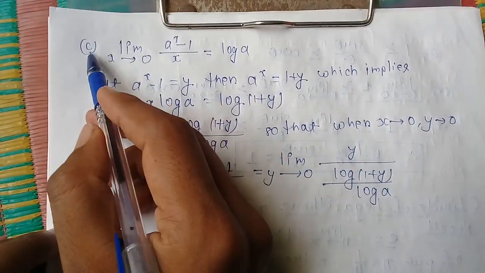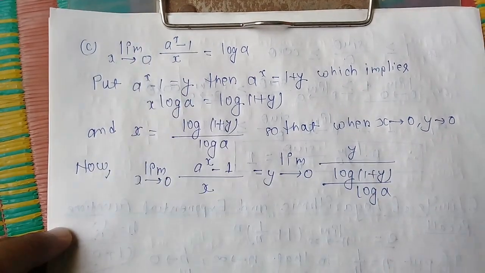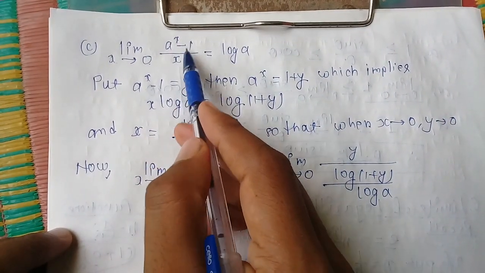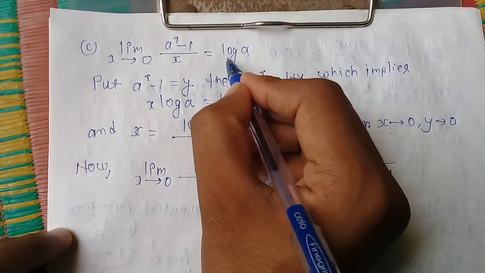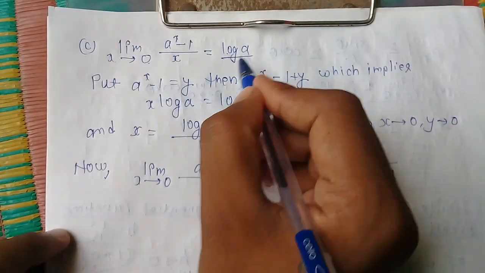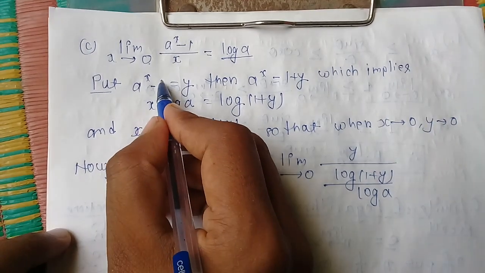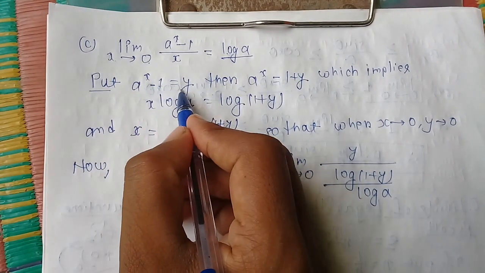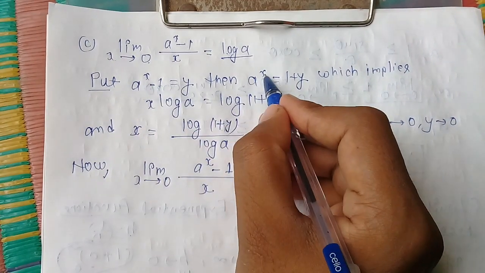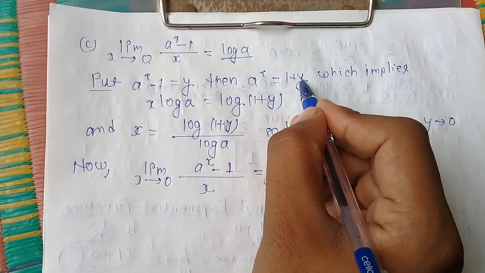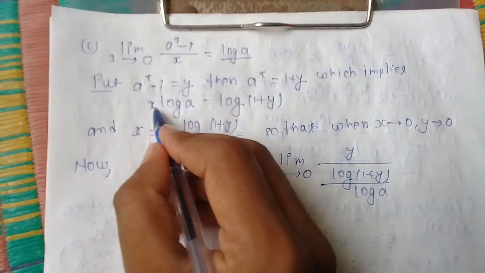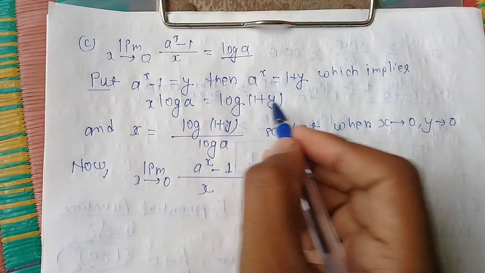Now limit x tends to 0, a to the power x minus 1 divided by x gives log a. For this, let us put a to the power x minus 1 is equal to y, then a to the power x is equal to 1 plus y, which implies x log a is equal to log 1 plus y.